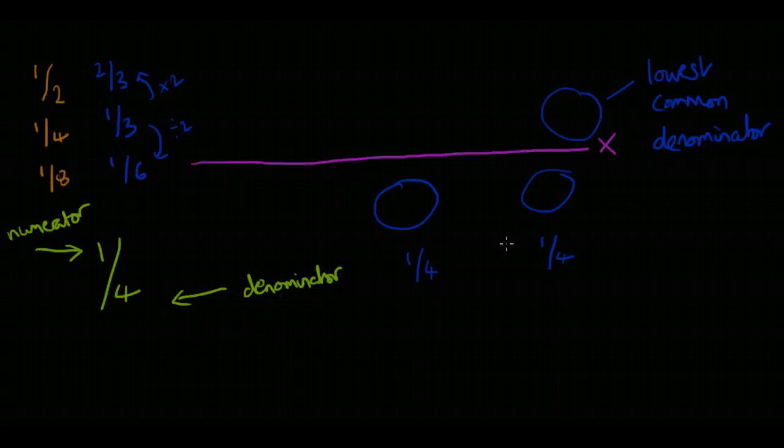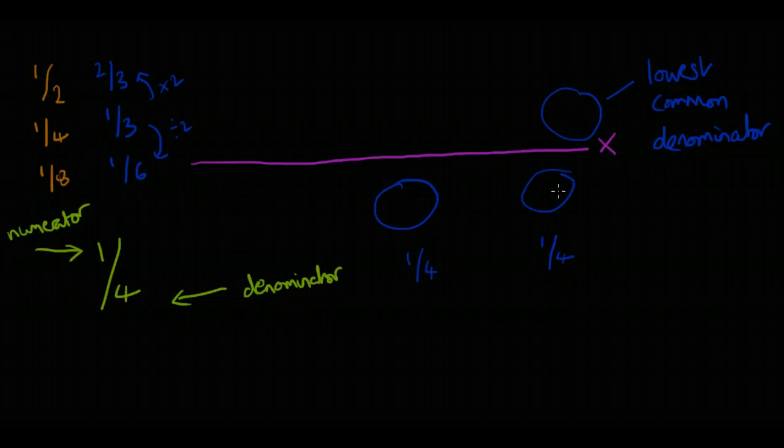So what we want to do is work out what is the lowest common denominator, and there's a classical way of doing this, and there may be a way you find easiest. So for example, in this situation, a quarter and a quarter, the lowest common denominator between 4 and 4 is obviously 4, because they both go into 4 and they go into it once. But it's not always going to be so straightforward.